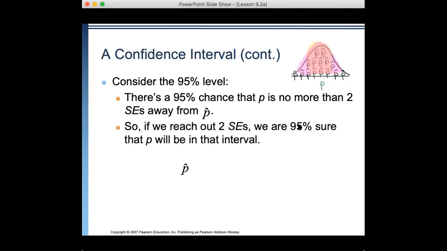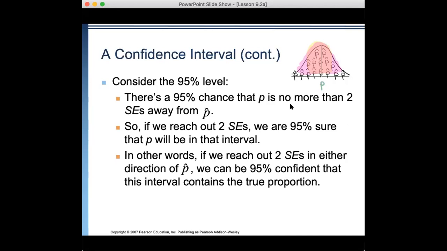So if I were to randomly pick a p hat, 95% chance it will be in that pink area. And if it's in that pink area, that means if I were to reach out 2 standard errors, I would catch that p. There's a 95% chance that my p hat is no more than 2 standard errors away from that true p.